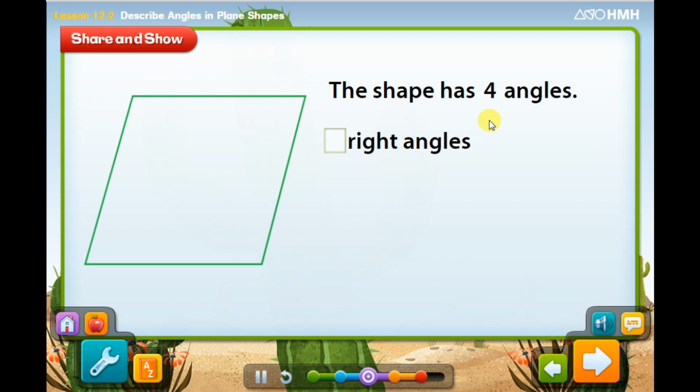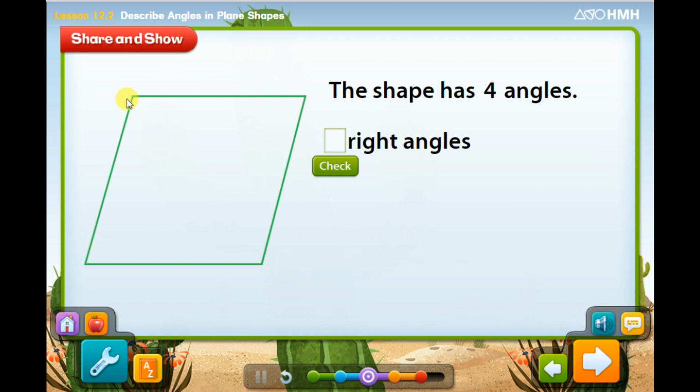How many right angles does the shape have? How many square-like angles? If these angles look like a square, no, it's an open angle. It's a wide open one. Is this like a square? Can you put a square here? No, it's not.